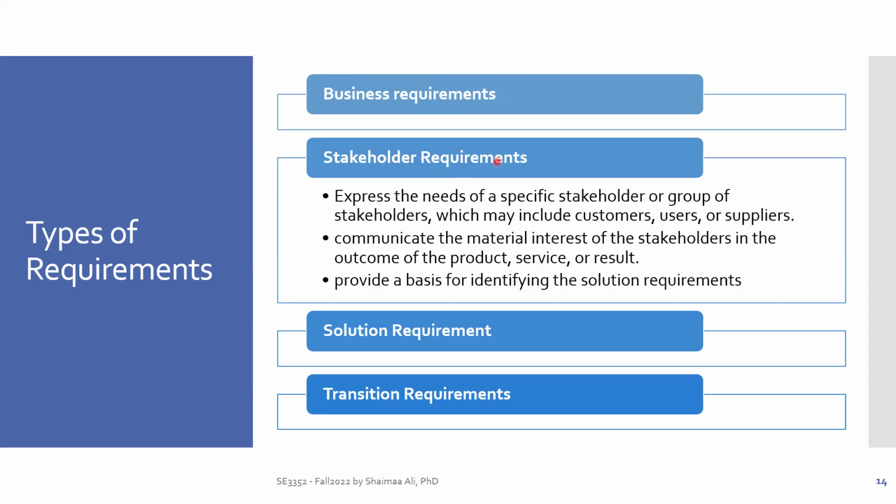Now, stakeholders are anybody or any group that has any interest in the system. Oftentimes, we focus on the end users, the ones that will actually use the system, and definitely these are very important stakeholders. But this is not the only group that we need to think about.